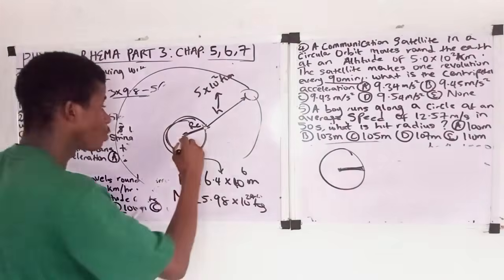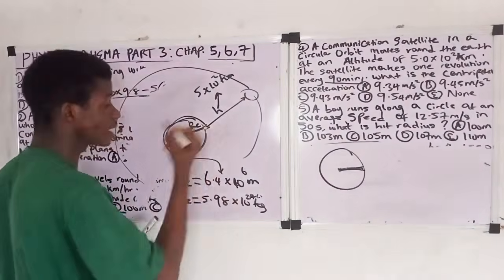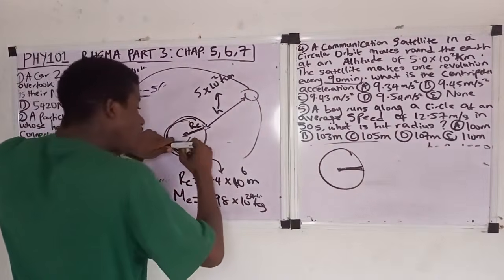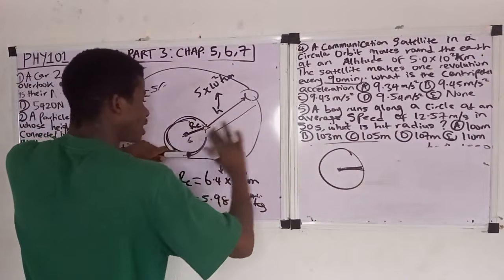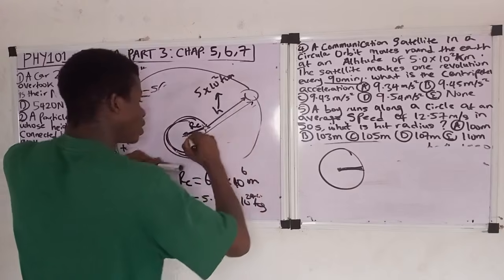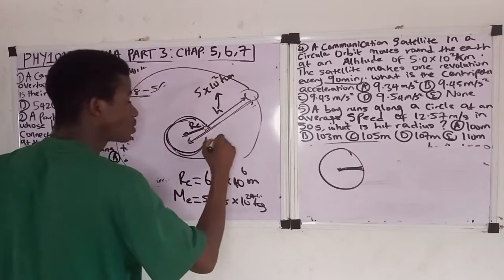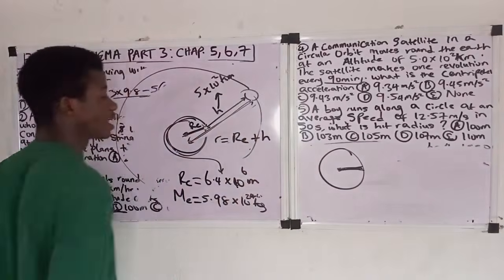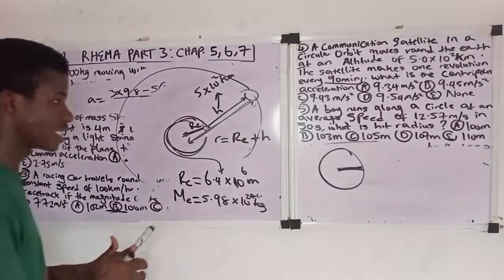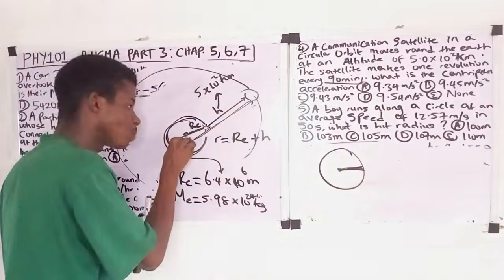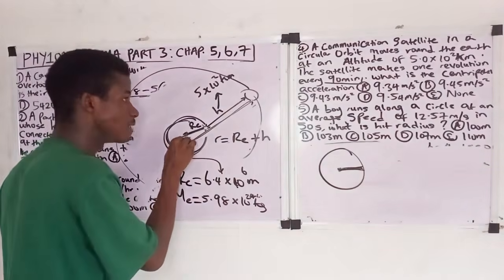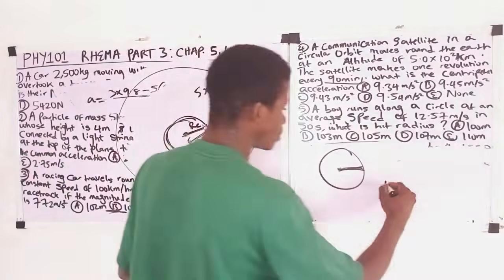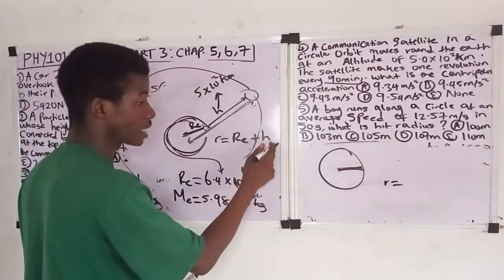The total distance will be the radius of the Earth plus the altitude of that satellite, right? Yes. So the total distance from the center of the Earth to the satellite is the radius of the Earth plus the altitude.